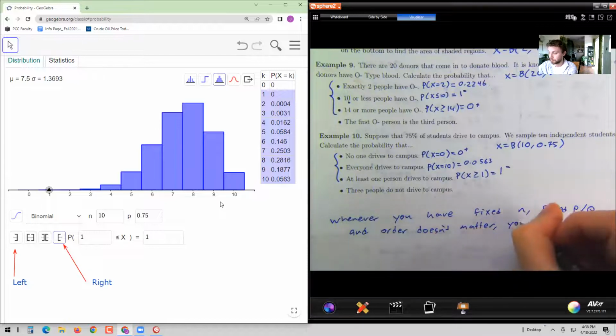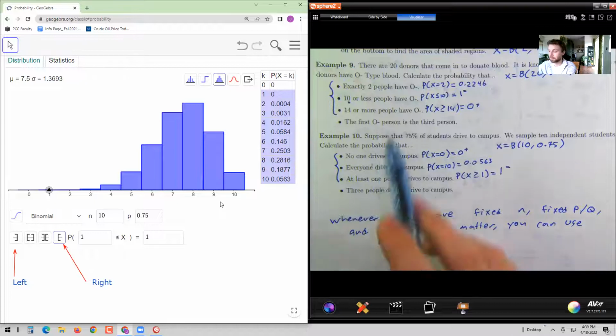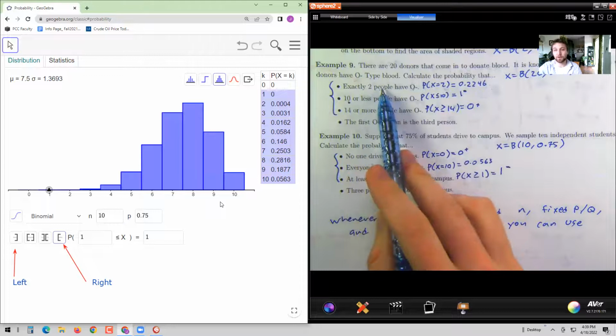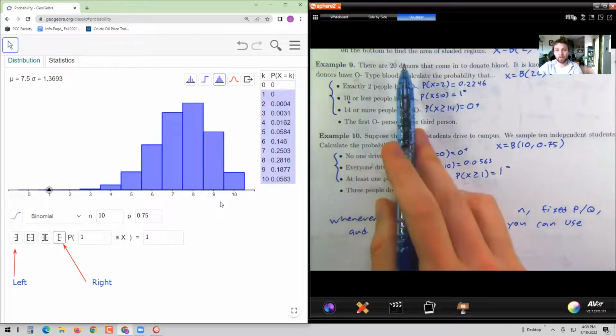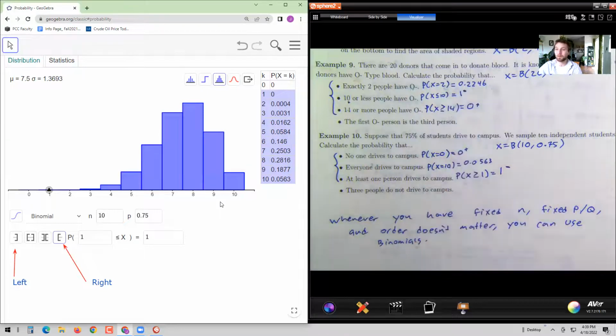You can use binomials. So in a problem like this, where I say exactly 2 people have O negative, I don't care if those are the first 2 people out of the 20, if it's like the first person and the 17th person, I just want 2 anywhere in that list.